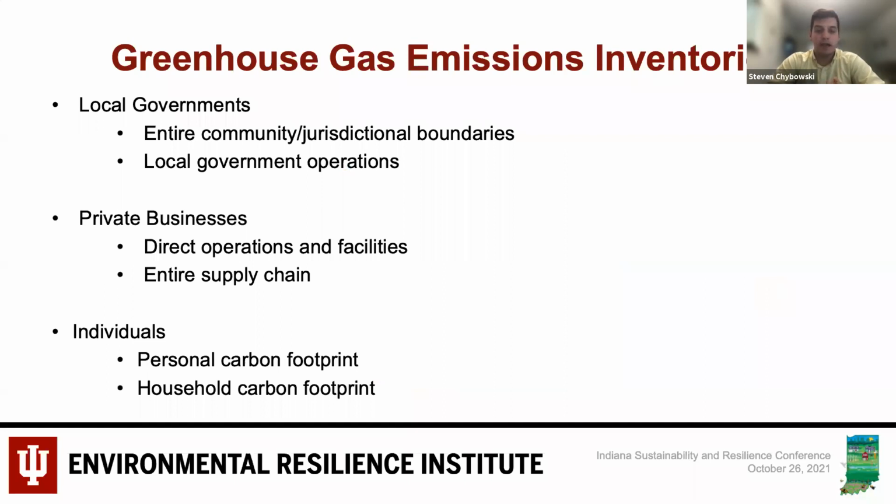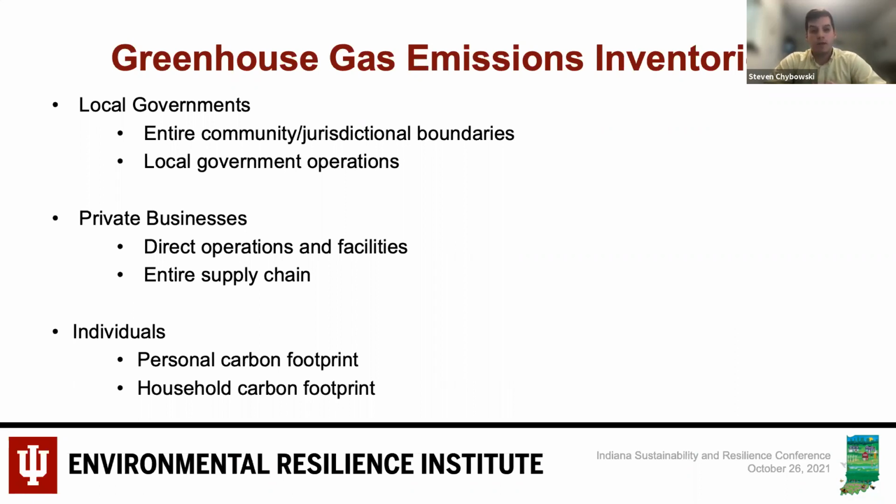As I mentioned, greenhouse gas emissions inventories can be done by just about anybody or any organization. A lot of my slides here are going to focus on local government examples. That's just where my personal experience is. But greenhouse gas emissions inventories can also be done by businesses and nonprofits and different organizations. They can even be done at the individual or household level.